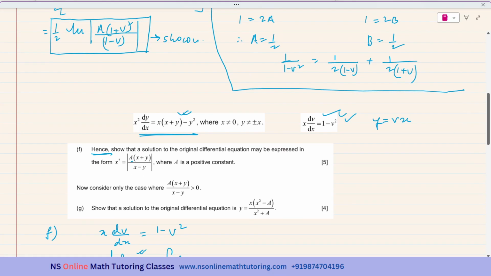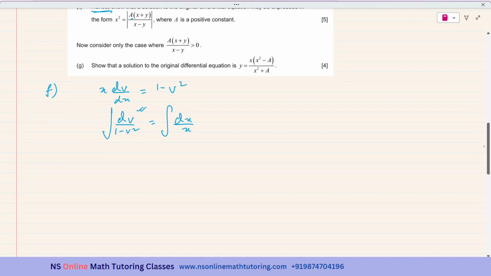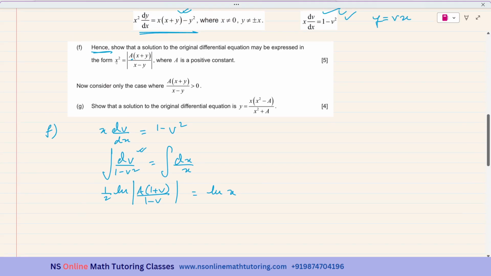And we have seen the integral of this. This was equal to half ln of a times 1 plus v over 1 minus v, and this is equal to ln of x. Okay, and now we are seeing that we need x squared.